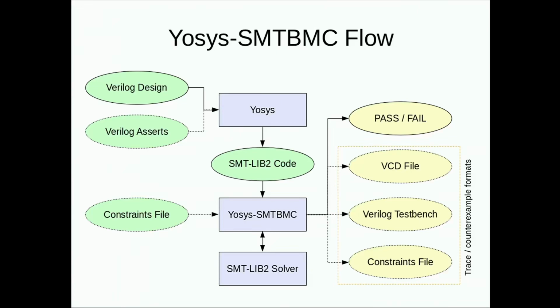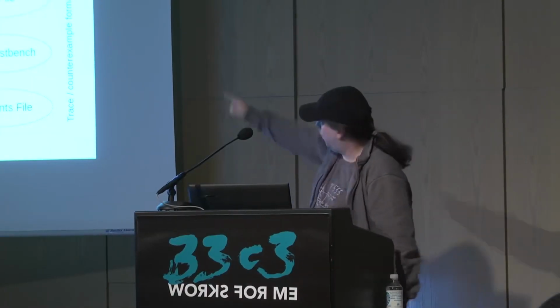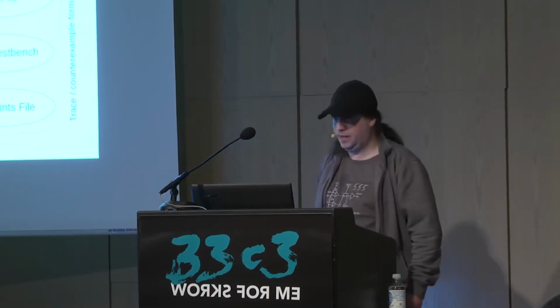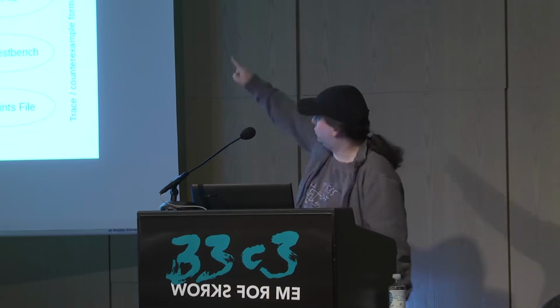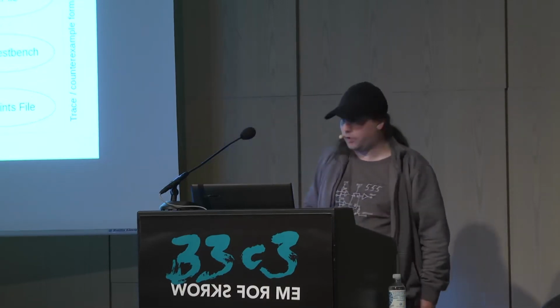And if it failed, I get a counterexample with a VCD file, or a Verilog test bench that reproduces the counterexample, or a constraints file that I could put back in on the left side. For example, if I would like to just easily reproduce a thing that I found before.